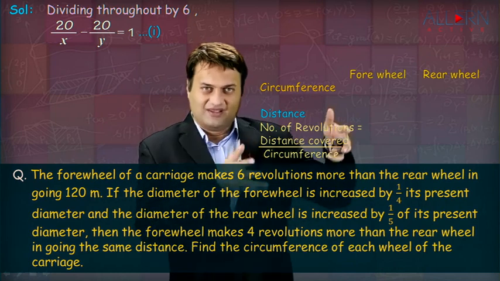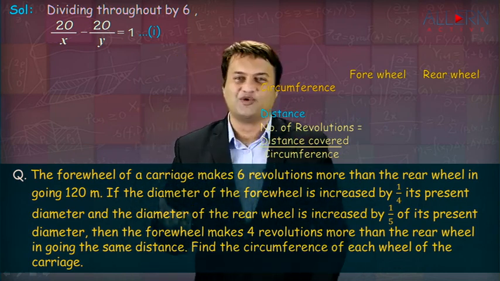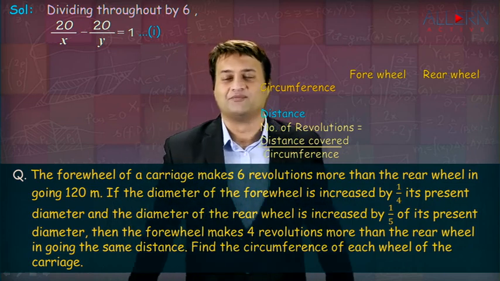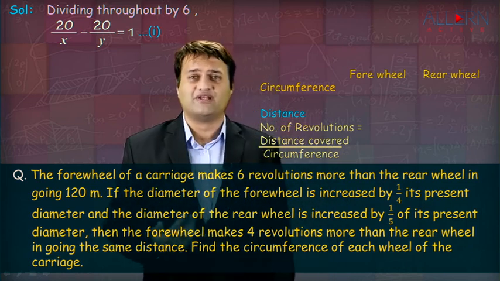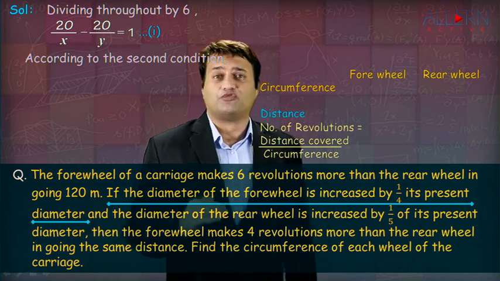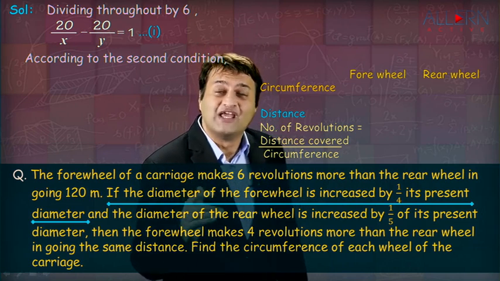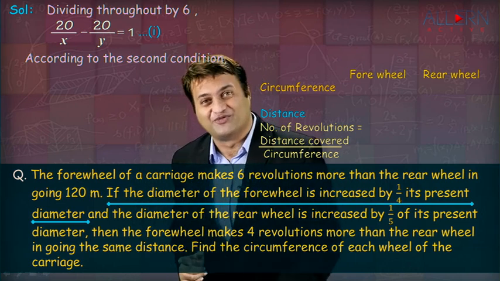Now similarly, in the same tabular form, let us form the second equation. It's similar to what we have done. It is given the diameter of the forewheel is increased by 1/4 of its present diameter. If the diameter is increasing by 1/4, even the circumference will increase by 1/4, right?